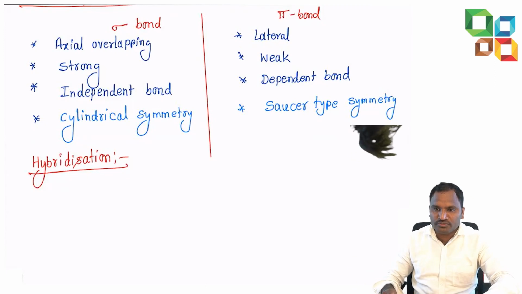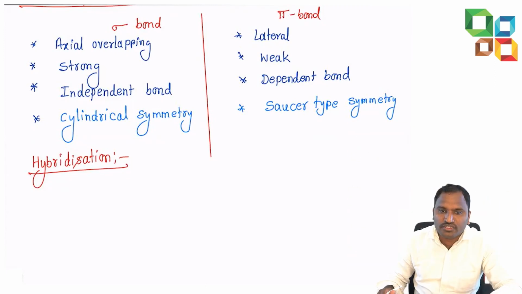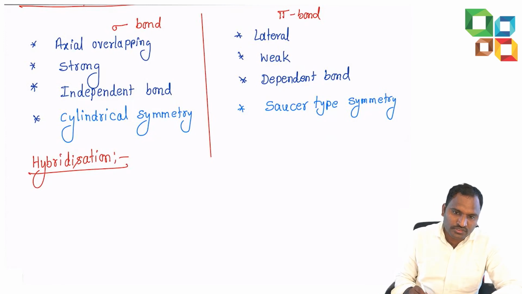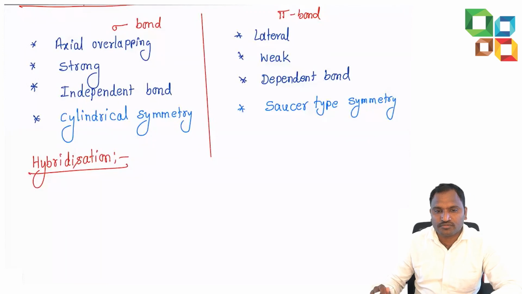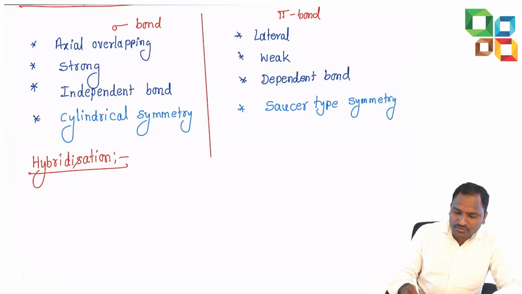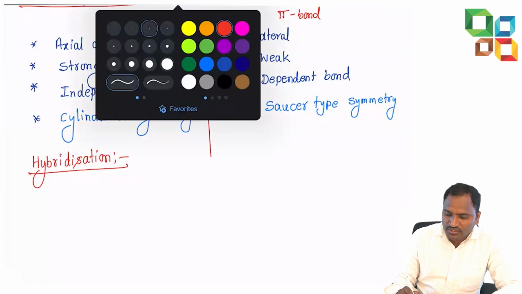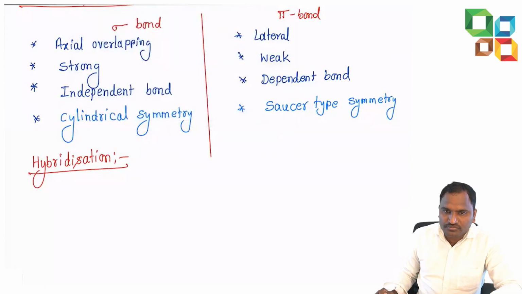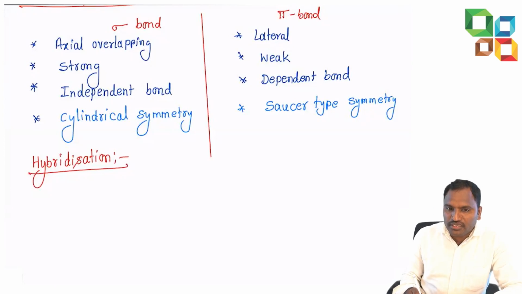Hybridization. First, I'll give the definition. Process of intermixing of atomic orbitals of nearly same energy.